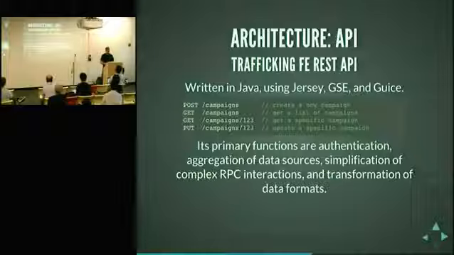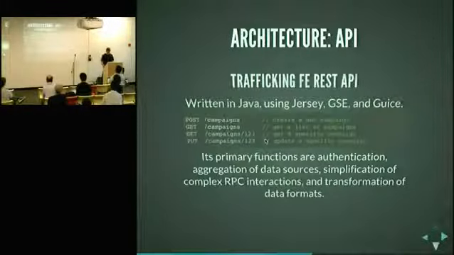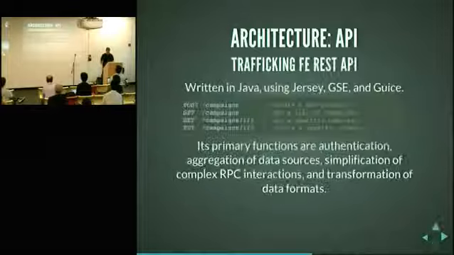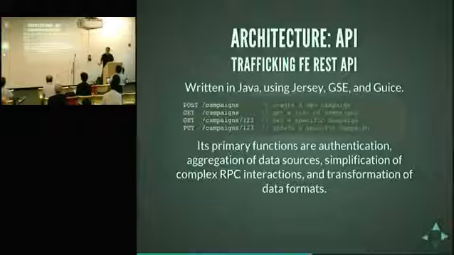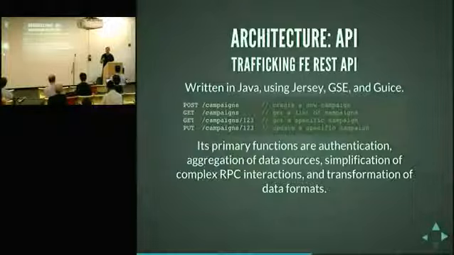Very simple, it supports things like creating a new campaign via post, getting a particular campaign, getting a list of campaigns, querying that, saving it, that kind of thing. Its primary functions are several: authentication, aggregation of data sources, and simplification of complex RPC.